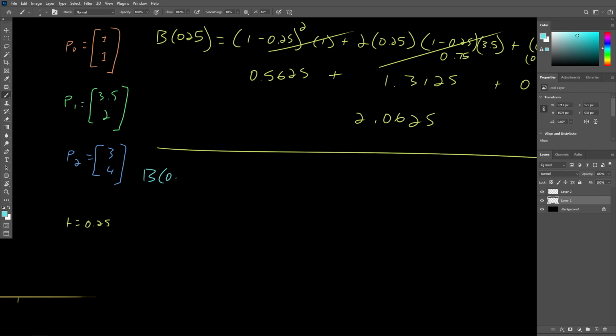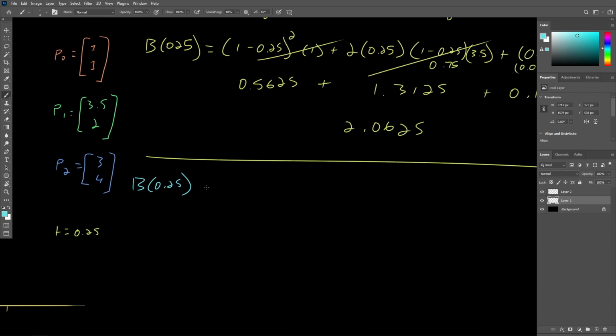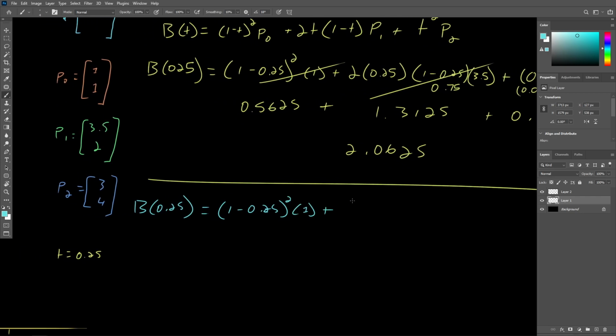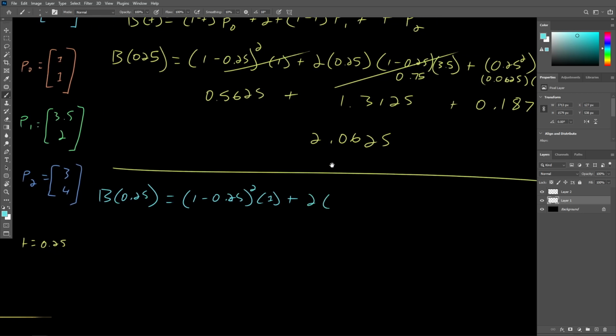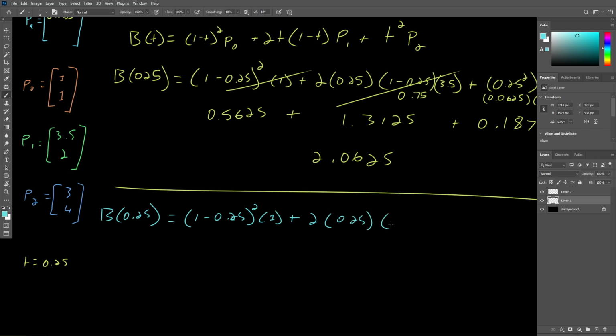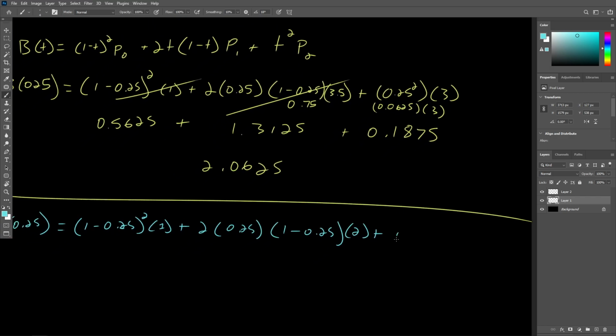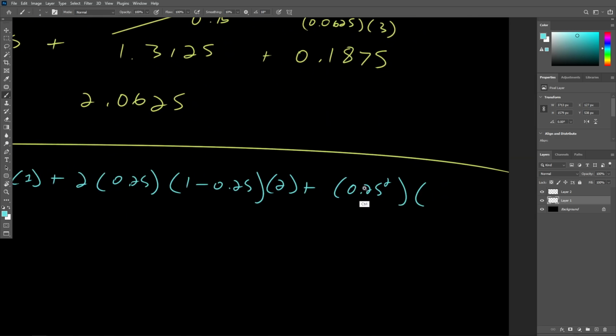So b of 0.25 for the y components will give us 1 minus 0.25 squared times the y component for p0, so that is a 1, plus 2 times t, which is 0.25, times 1 minus t, times the y component for p1, which is 2, plus, and then again we have t squared on the end here, so 0.25 squared times the component from p2, and that is a value of 4.